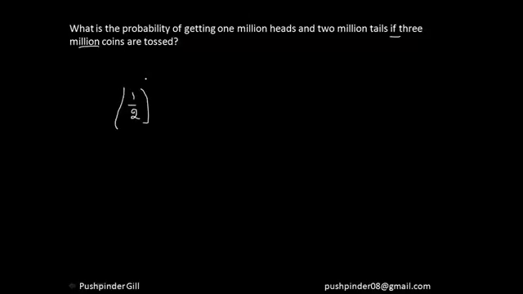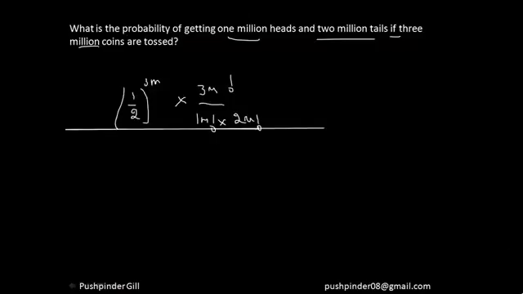That means 1 by 2 raised to the power 3 million, into, how many cases would there be? 3 million factorial divided by how many times heads would be repeating? 1 million times, so 1 million factorial, into 2 million tails repeating, so 2 million factorial.